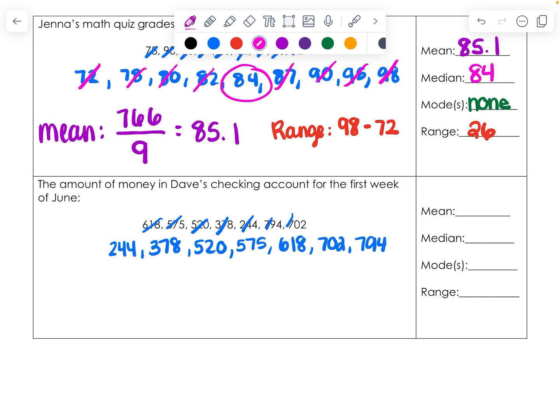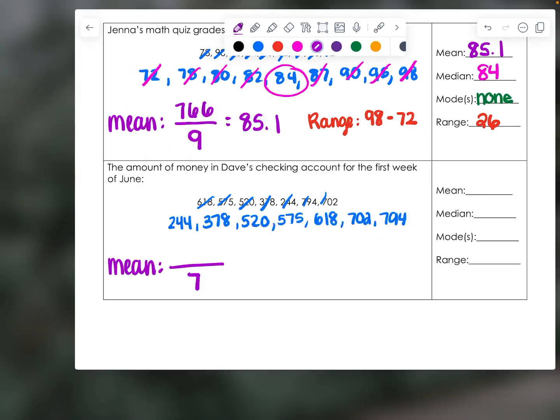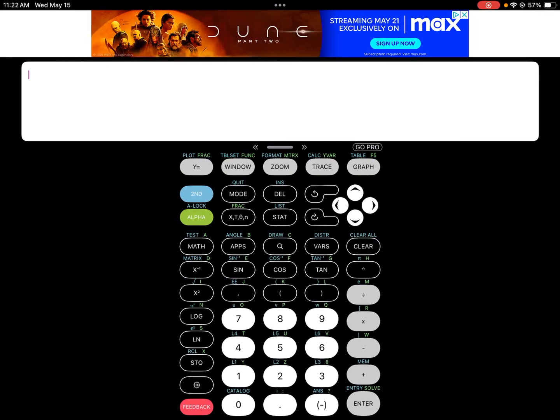I'm going to find the mean of all of these numbers by adding them together and dividing by how many numbers are there. It looks like I might have 7 numbers. 1, 2, 3, 4, 5, 6, 7. So 7 on the bottom, and then I'm going to use my calculator to find that sum.